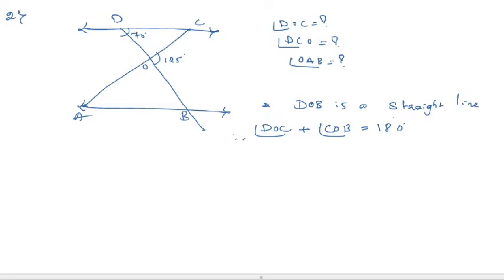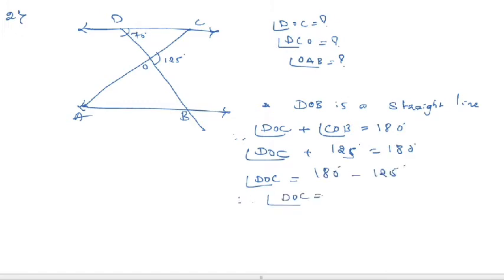So 180 minus 125 gives the value of DOC. We can calculate easily. DOC plus 125 is equal to 180 degrees. Angle DOC is equal to 180 minus 125. Therefore, angle DOC is equal to 55 degrees.